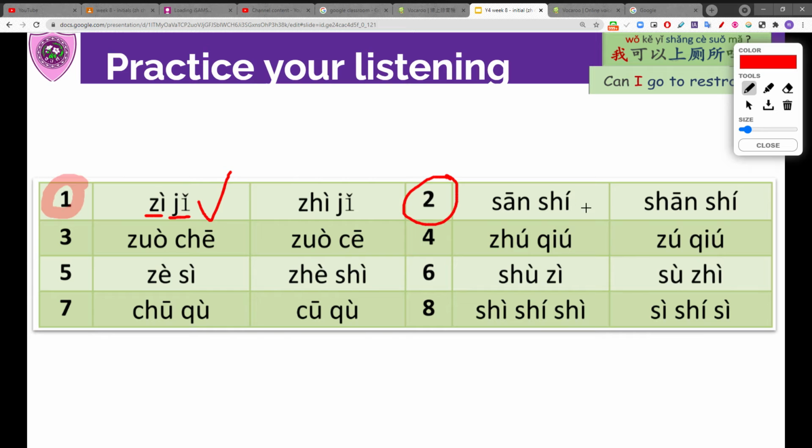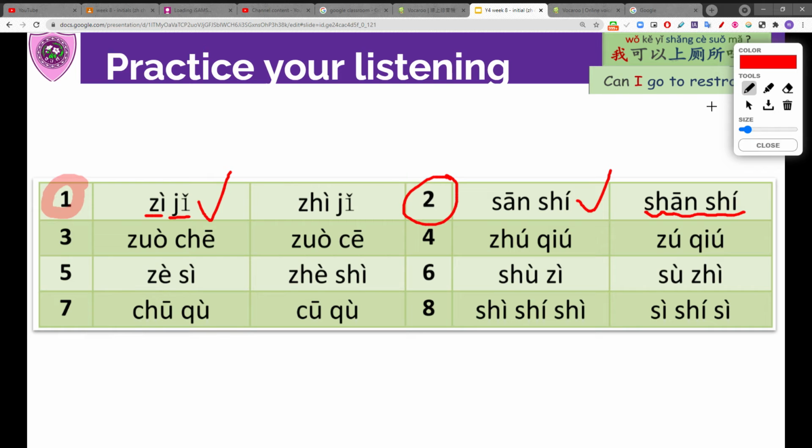It should be this one. If I was saying the other way, I would say it differently. I need to roll up my tongue in both pinyin here, but I did not. So it should be this one on the left.